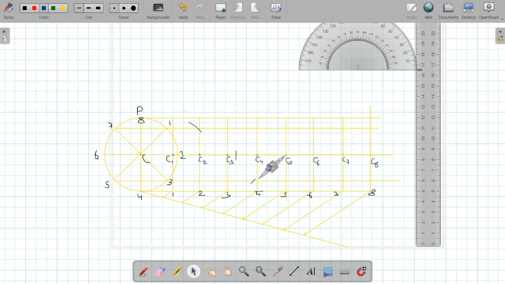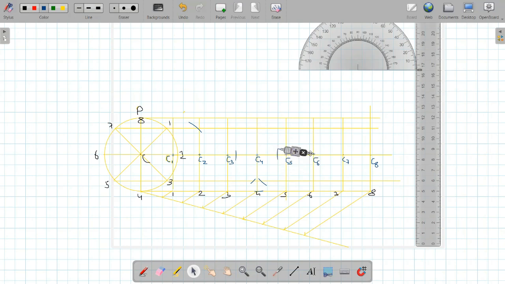So it will be somewhere here on the projector of 5 on left hand side. So the cut will be made here. Now shifting our center to C6, make a cut on the projector of C6, that is this one, line 6. So it will be somewhere here.